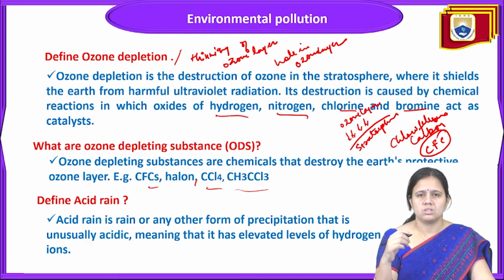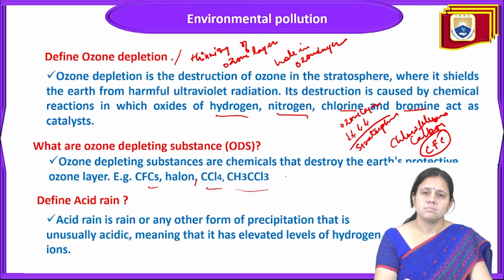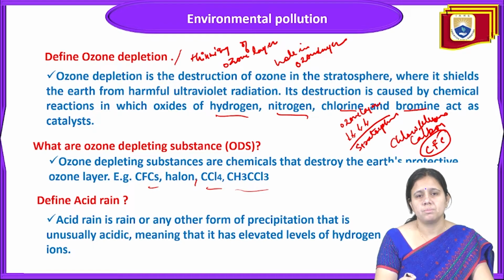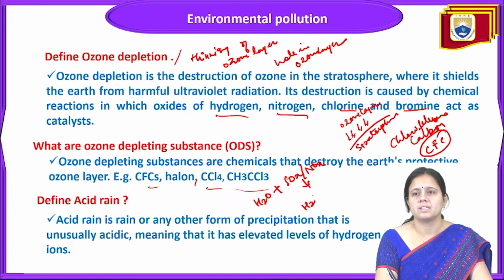Meaning those rains, H2O is there, and through a reaction some acid will be present in the rainwater, which is called acid rain. What happens is that with water, there is a reaction with SOx or NOx, and a product is formed. This product is either H2SO4 or HNO3.